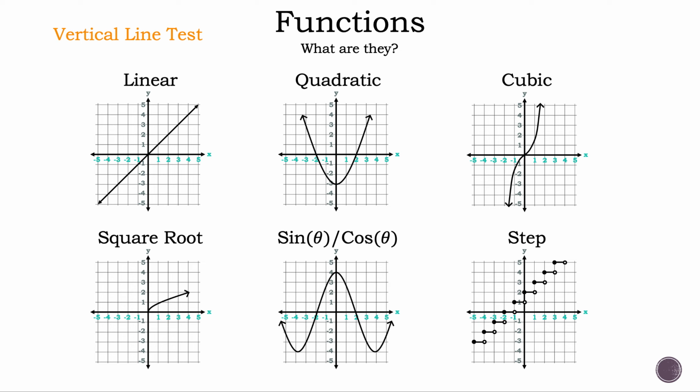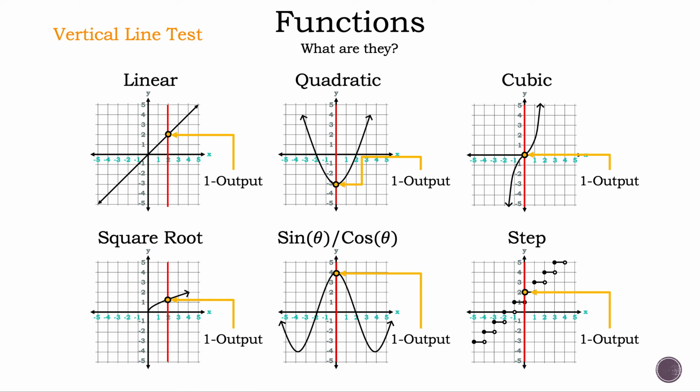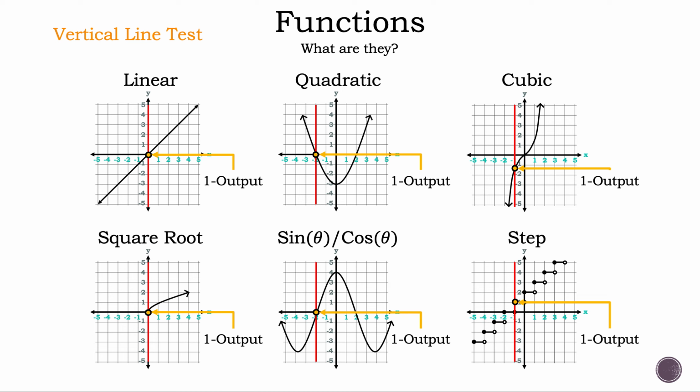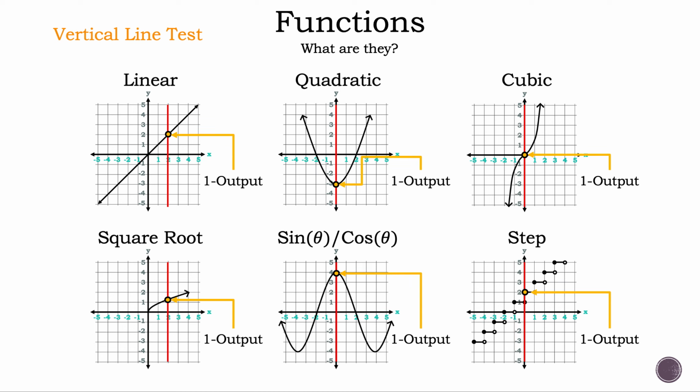Remember, each input only maps to one output, so let's draw a vertical line on each graph. Each one passes through exactly one point, so we have one output. It doesn't matter if we move the line to the left, to the right, or back to where we started. Each graph passes the vertical line test.